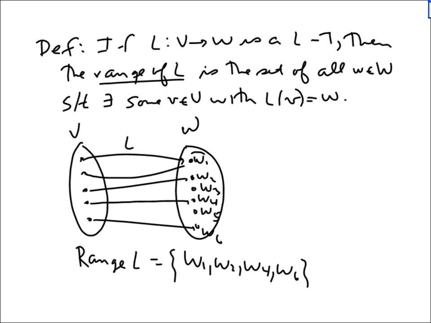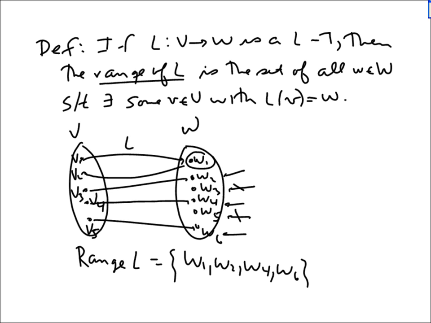Because something went to W1, namely V1 and V2. And something did go to W2, namely V3. But nothing went to W3. But something went to W4, namely V4. And nothing went to W5, but something went to W6: V5, L of V5 equals W6.